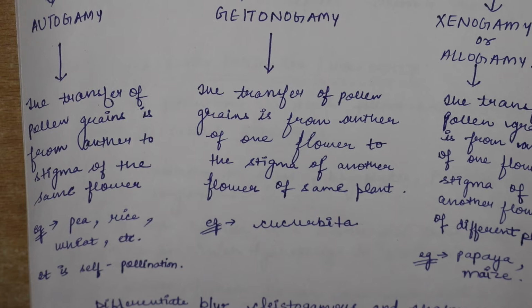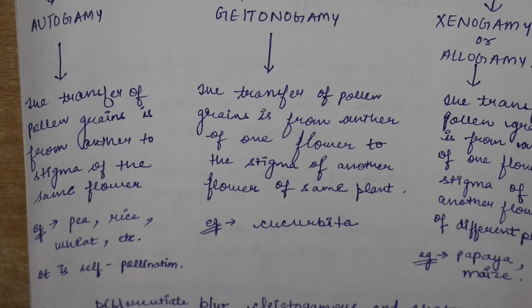It is the transfer of pollen grains from the anther of one flower to the stigma of another flower of the same plant. Means it is in the same plant only.